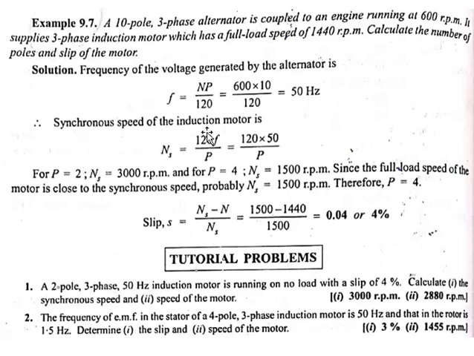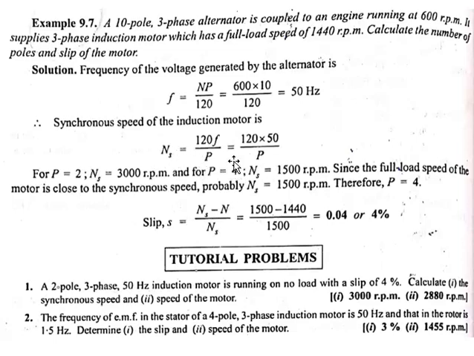Now the synchronous speed of the induction motor, ns is equal to 120f divided by p. Now you can see p is not given, right? We need to find the p value, and without the p value we cannot calculate the synchronous speed, and without calculating the synchronous speed we cannot calculate the slip. Now again here there are two unknowns.